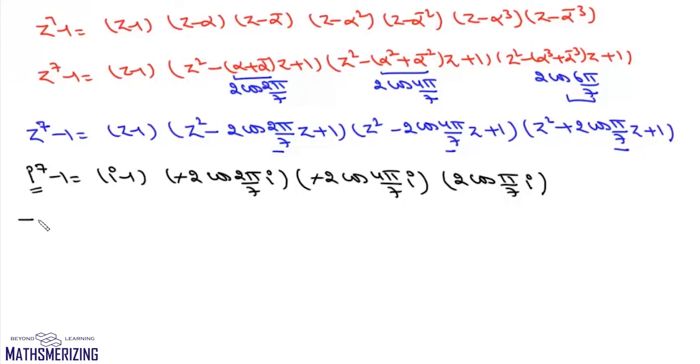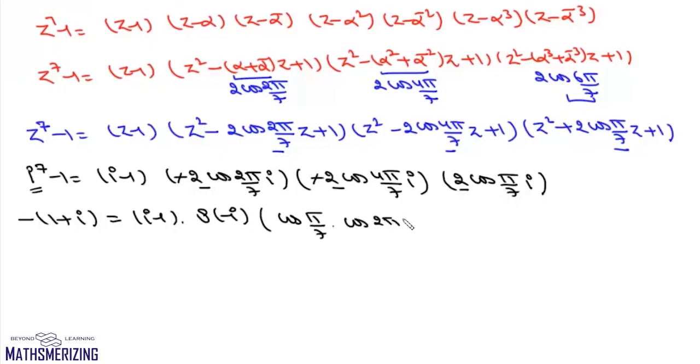So we'll take minus common and we'll get this as minus (1 plus iota). Here it will be iota minus 1, and then 2 into 2 into 2 will be 8, and then iota cube. Iota cube is minus iota, and here we'll have cos pi by 7 into cos 2 pi by 7 into cos 4 pi by 7. Now we'll cancel this minus with minus.